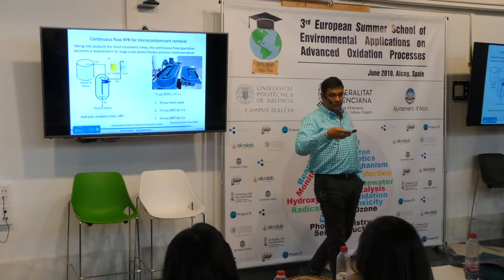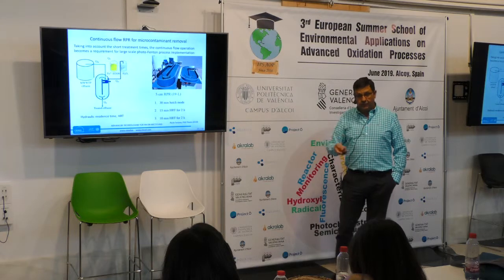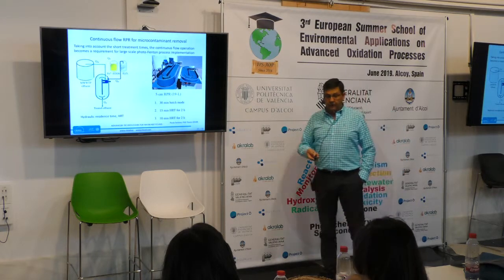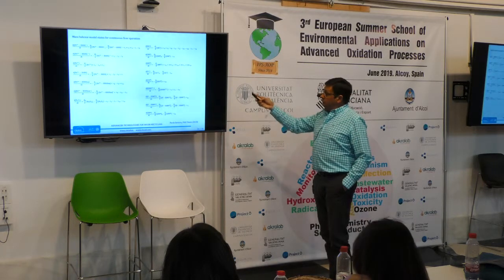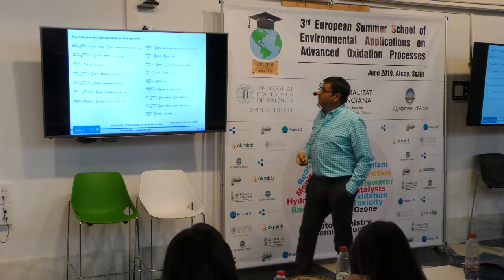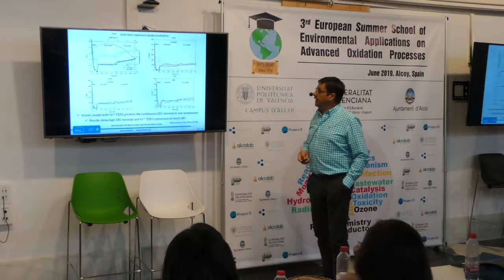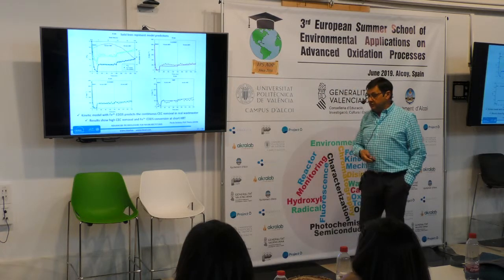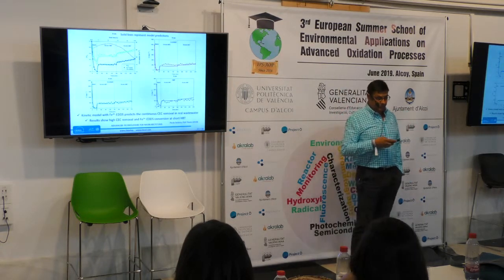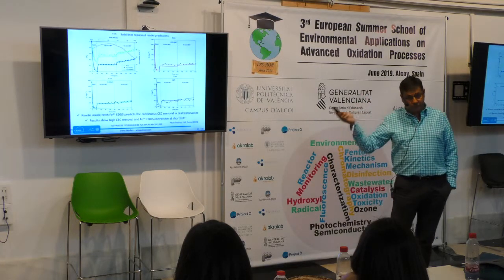Increasing the flow rate in the reactor, we decrease the hydraulic residence time. We wrote the mass balances of the model for continuous flow operation, and these are the predictions of the model for the operation in batch plus continuous flow.